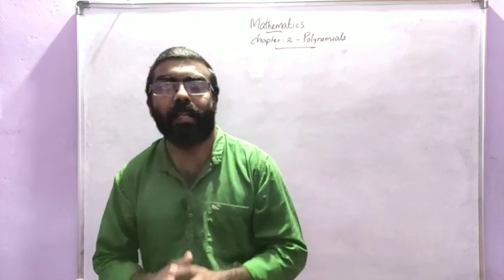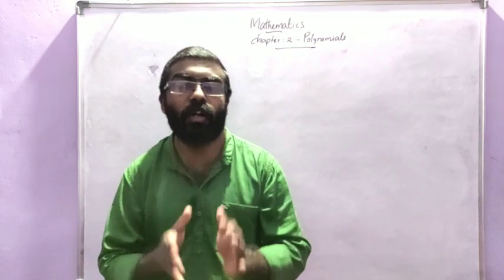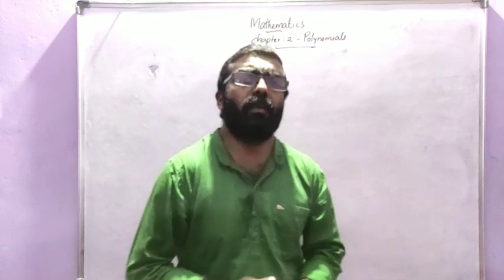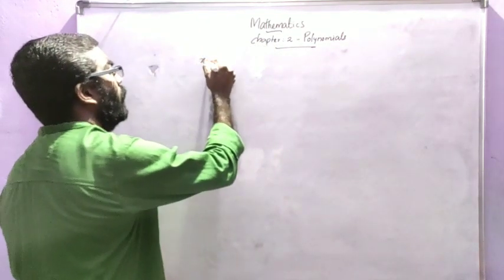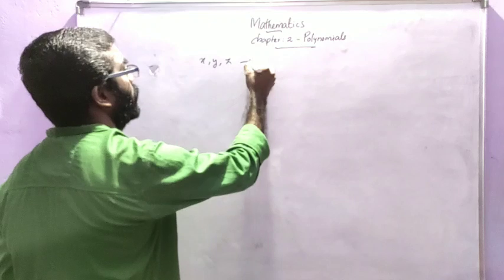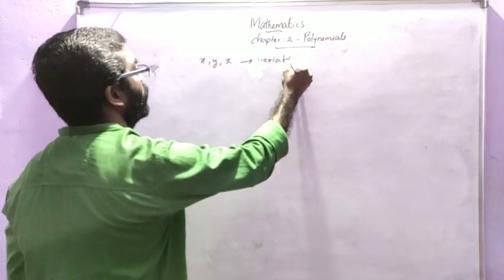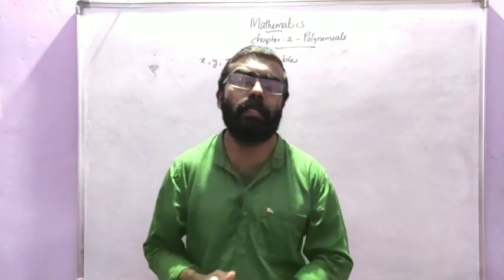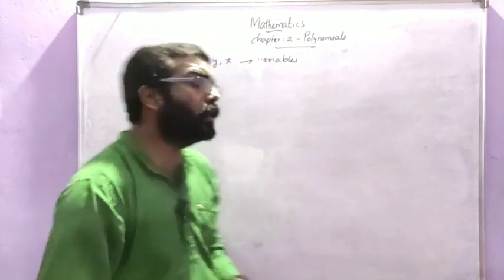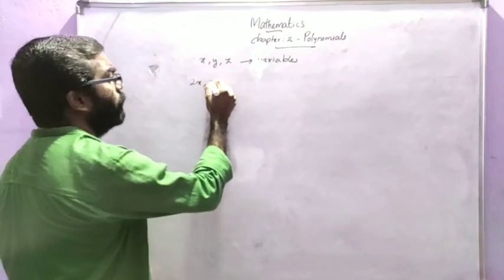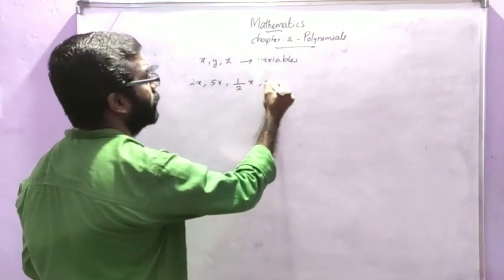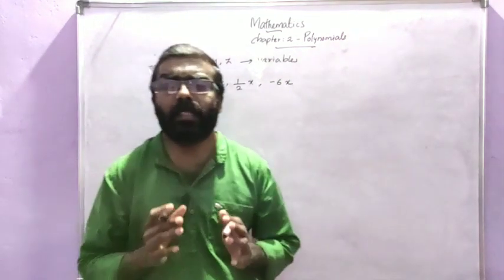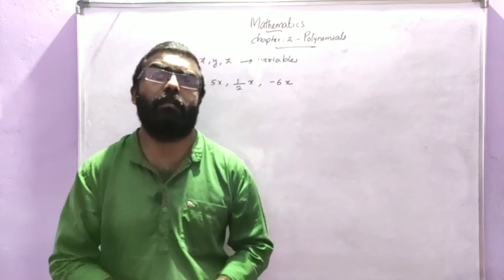Let us begin by recalling that a variable is denoted by a symbol that can take any real value. Normally, we use the letters x, y, z to denote variables. Notice that 2x, 5x, 1 by 2x, minus 6x, all these are algebraic expressions.